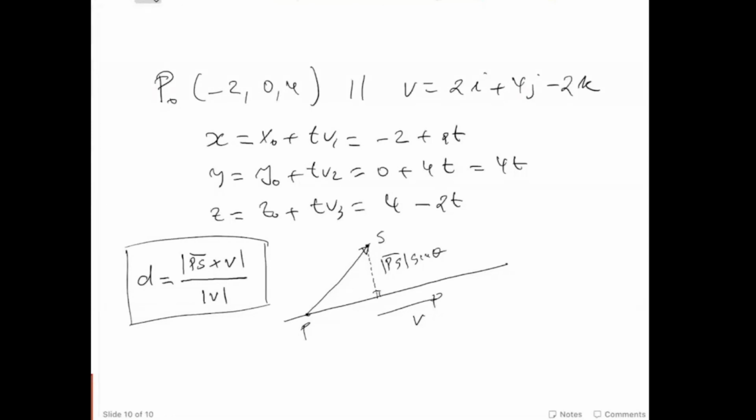In the same way we define a line, we can also define the equation for a plane in space. A plane is determined by knowing a point on the plane, a point P0, the same as before, X0, Y0, Z0, and the tilt of the plane or the orientation.